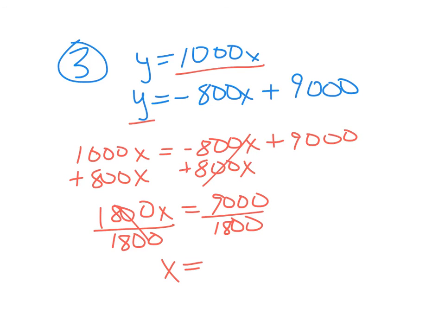So 9,000 divided by 1800 is what? It's not 9 into 18, it's 18 into 90. Should be 5? 5. Okay, sorry, that's fine. So at 5 minutes, these two planes will be at the same altitude.